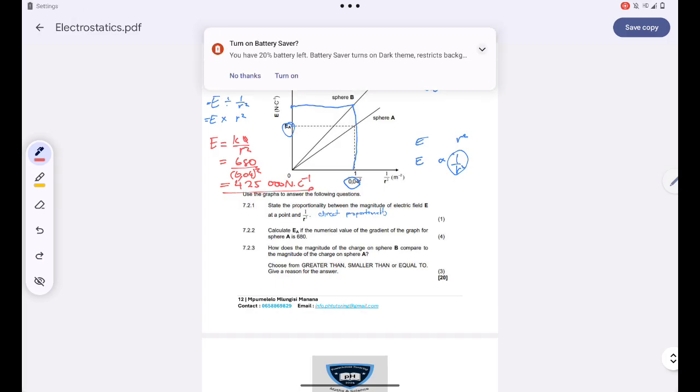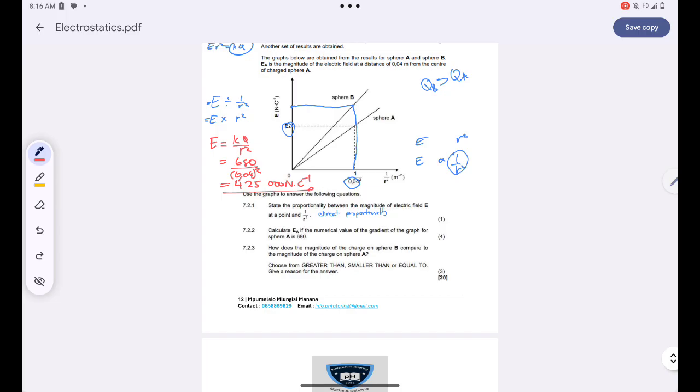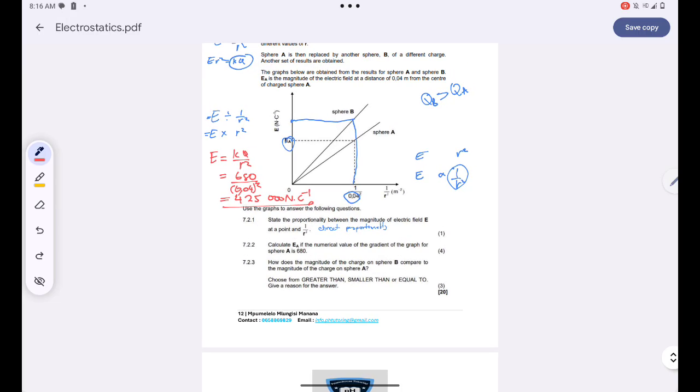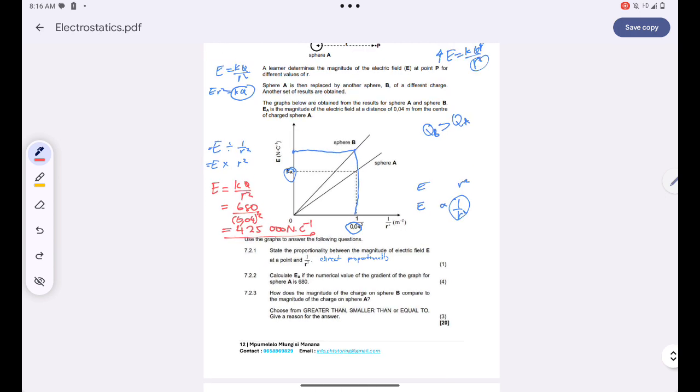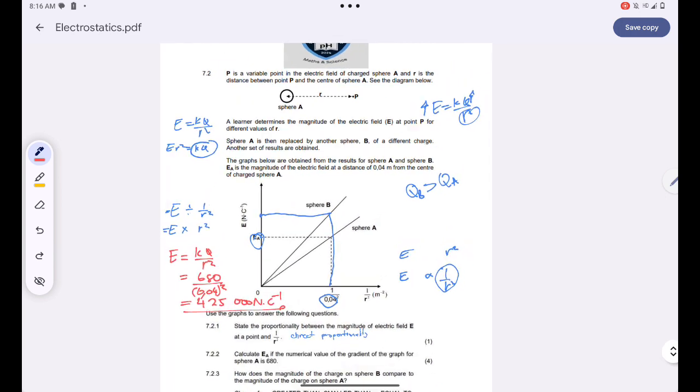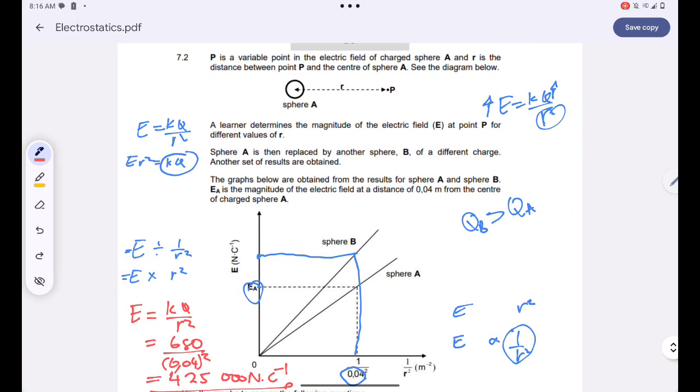Okay, and then we are being asked now, how does the magnitude of the charge on sphere B compare to the magnitude of the charge on sphere A? Greater than, smaller than, or equal to? We've already established that, guys, that at the same distance away from the point, the electric field due to sphere B will be greater than that of sphere A. If we are keeping the same distance, the distance is still 0.04, obviously these two will be constant.